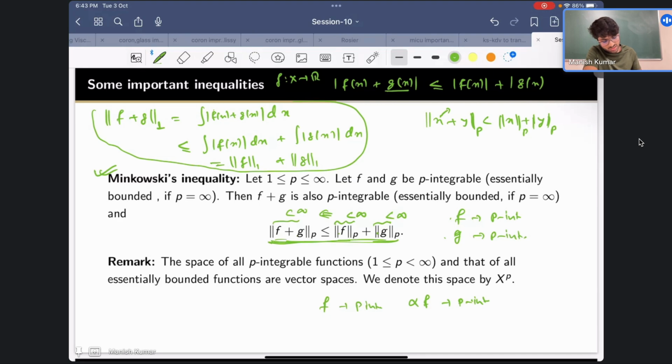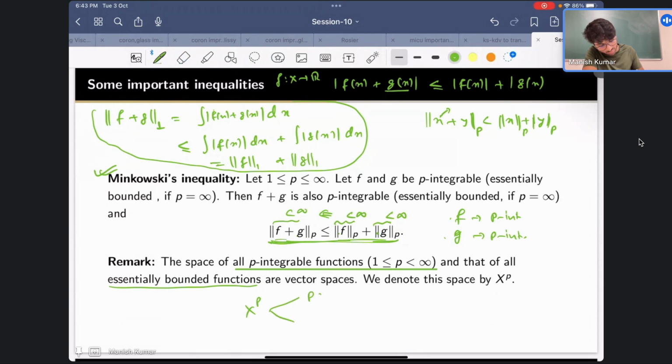Okay, so the space of p integrable functions, for p lying between 1 and infinity, or essentially bounded functions. I have not defined what this space is, so I have written it here. So X of p, let me denote it by this. X of p is the set of, let me write it in two parts.